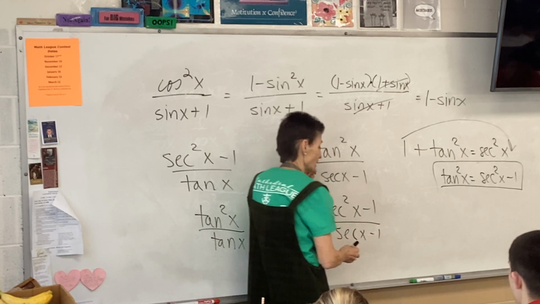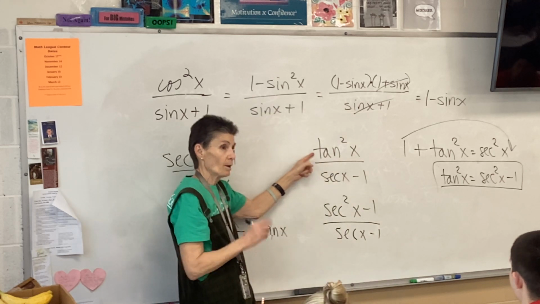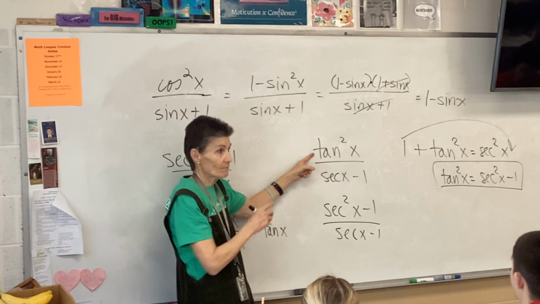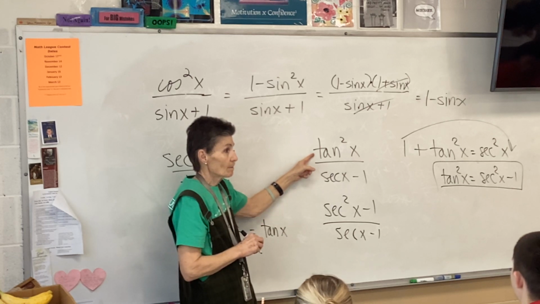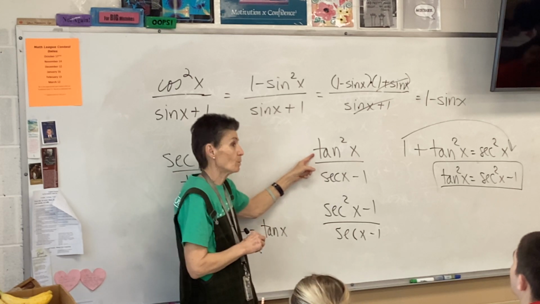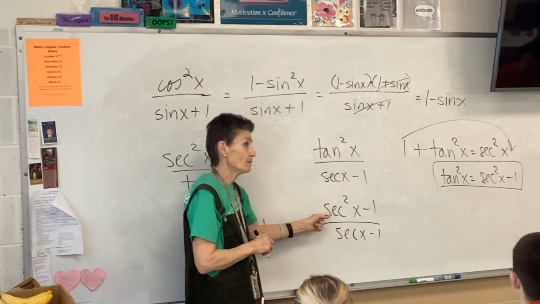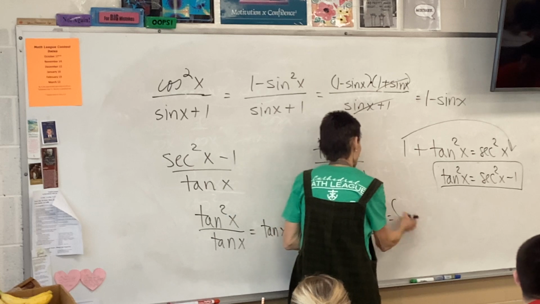Please, no canceling. What do I have to have before I cancel? I have to have a multiply. I have no multiply here. Do what I did on the first one, which is factor this as the difference of squares. So how will that factor, Josh?